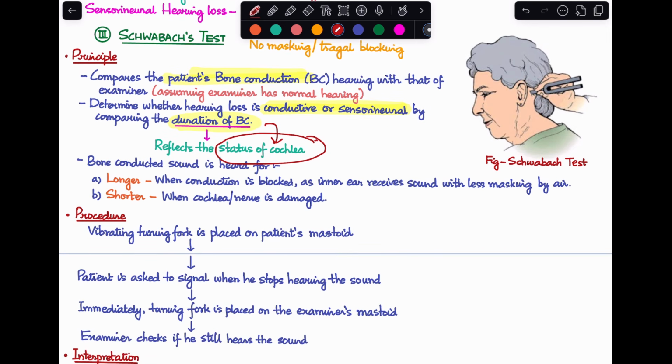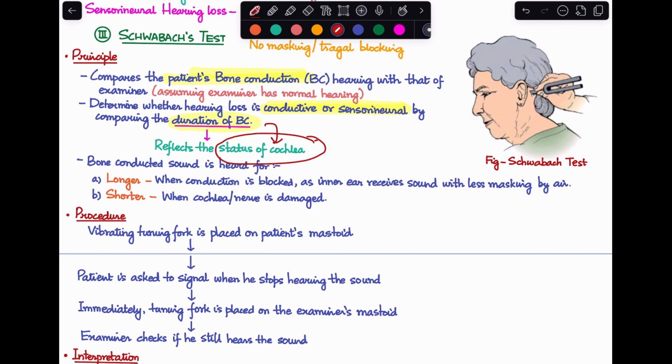Now, let's talk about what will happen when the bone conduction becomes longer or shorter. When the bone conducted sound is heard for longer, it shows that there is a conductive hearing loss and the conduction is blocked. In that case, the inner ear will be able to receive the bone conducted sound better and longer due to removal of the masking that is happening by air conduction.